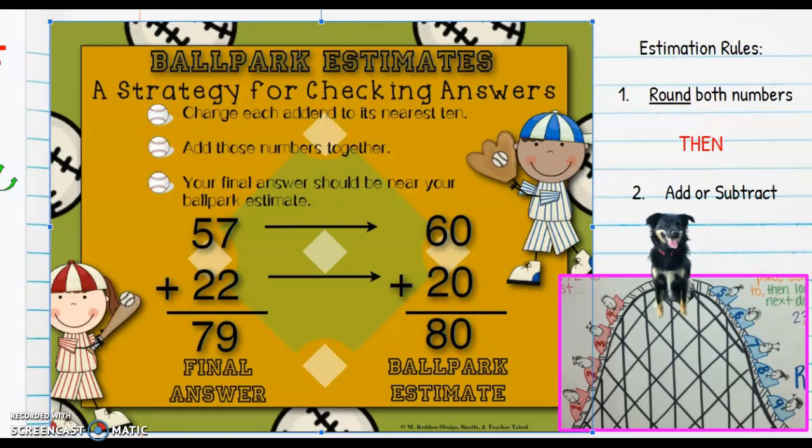The 2 numbers that they gave us to round are 57 plus 22, and we want to round those. They've already done that for us, but we're going to talk about how they did that. If you think back to last week, we used 2 strategies.